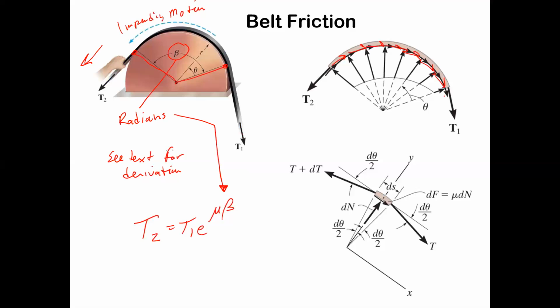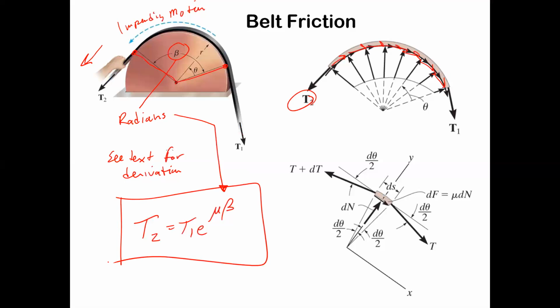You've got to overcome those as well as the T1 load itself, right? So that plus all those friction forces has to be factored into T2, and it's defined very well by this formula, T2 equals T1 e to the mu beta.